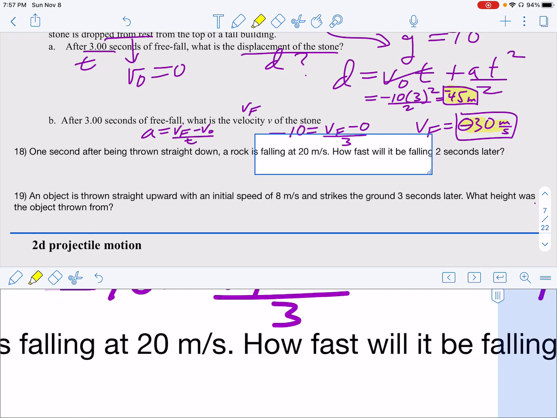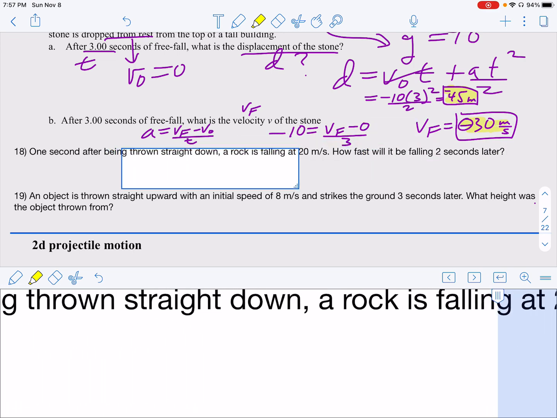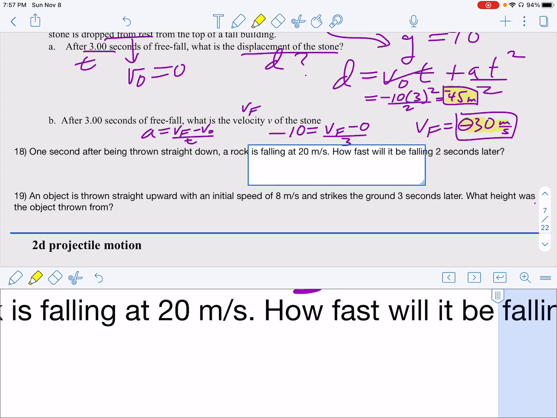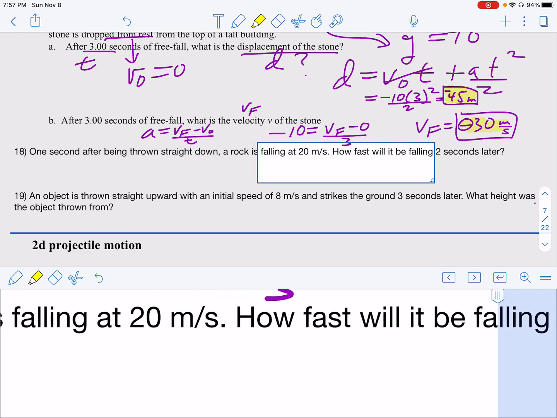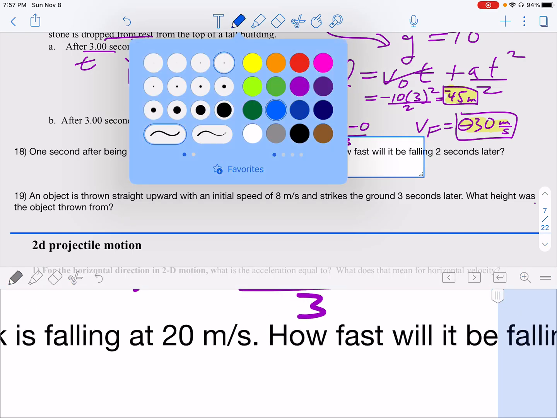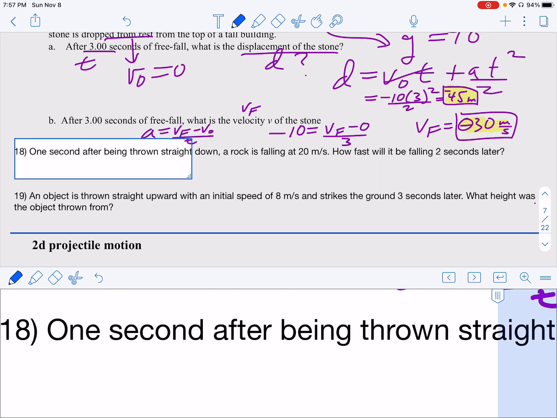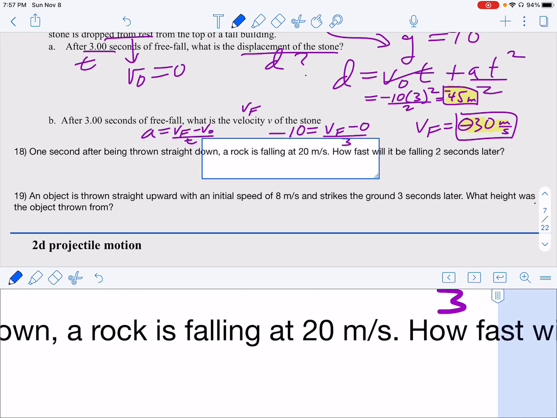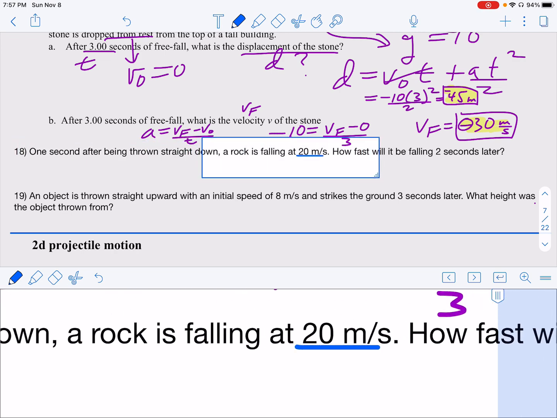Okay? 1 second after being thrown straight down, a ball is falling at 20 meters per second. How fast will it be falling 2 seconds later? Okay, well, this seems tricky, but really it isn't. So let's just define. I'm going to say VO is 20 meters per second.